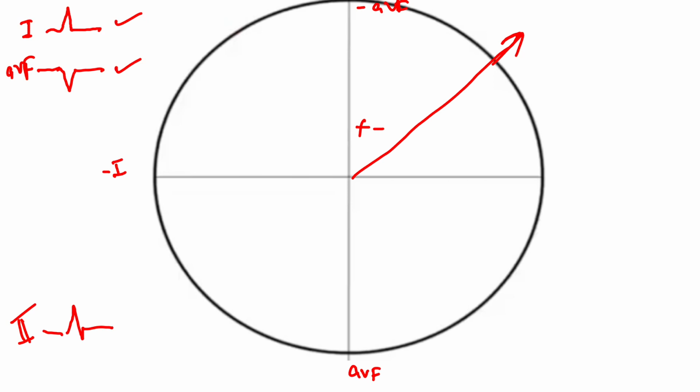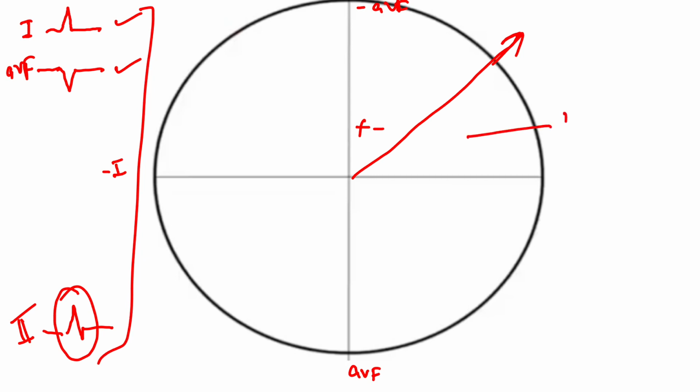To call it physiological, we have to see lead 2 also. If the net direction of the QRS complexes in lead 2 is positive, then we call it a physiological LAD, left axis deviation.